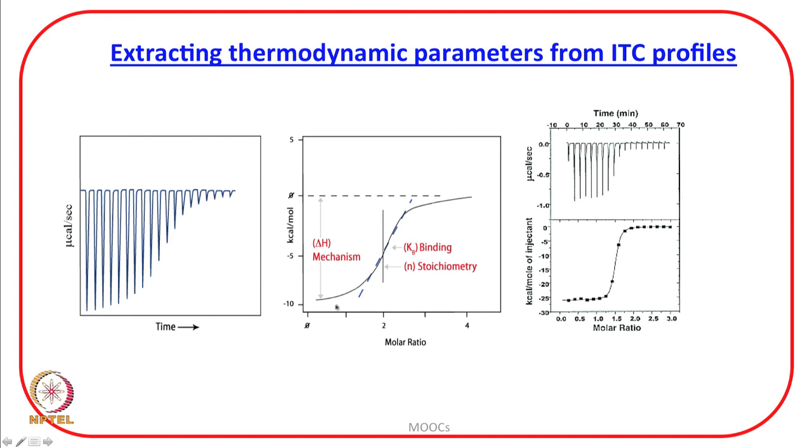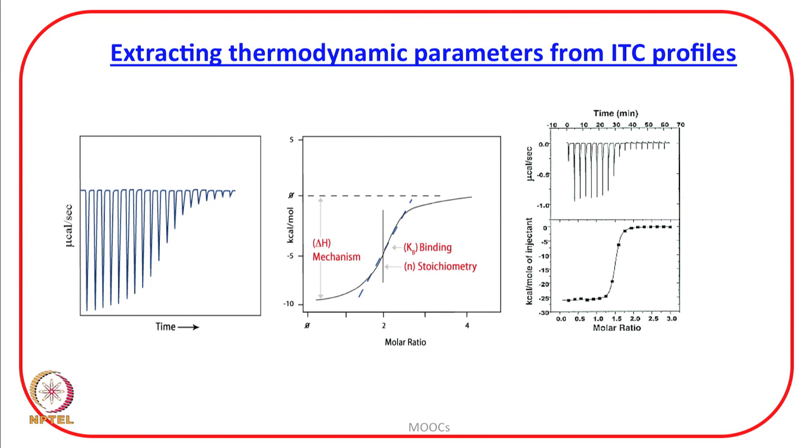Then if I assume this solid line to be the best fit, this difference corresponds to delta H. Of course, delta H depends upon the mechanism of the reaction, and the slope reflects the magnitude of the binding constant, and the stoichiometry N, which is the number of binding sites on the protein available for the incoming ligand molecule.